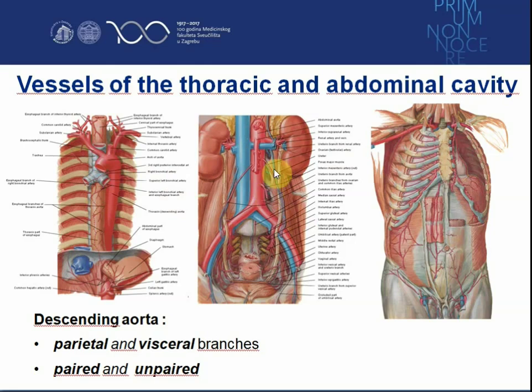The paired visceral branches of the abdominal aorta, like these renal arteries and testicular or ovarian arteries, supply the paired organs of the urinary system and gonads, and the pelvic organs are supplied mainly through the visceral branches of the internal iliac artery.